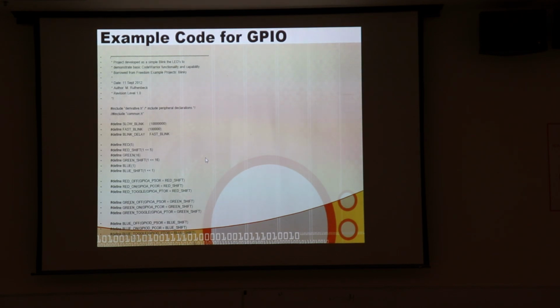And all you have to do is have a 1 in a mask in the position of the bit you're interested in affecting, and this one will set it, this one will clear it, and this one will toggle it at that position. That's where the red shift comes in, because that specifies the bit position of the GPIO pin that's connected to the red LED on the tower board in this case. So you'd have to change that number up here, so the red shift was 18, or 19, or whichever it is, and then you'd have to change GPIO-A to GPIO-B, otherwise it's the same.